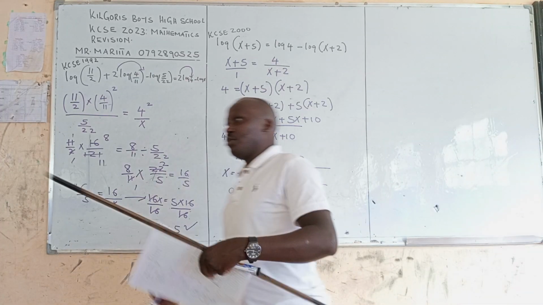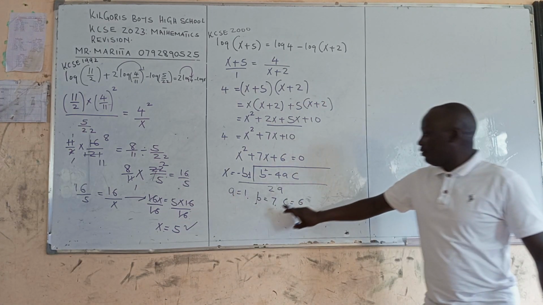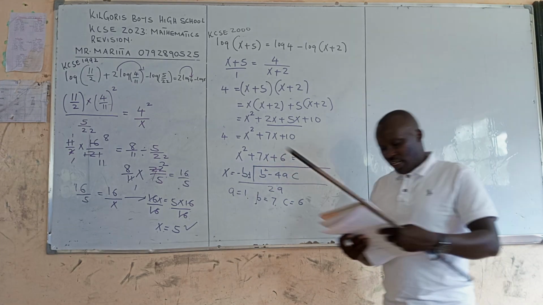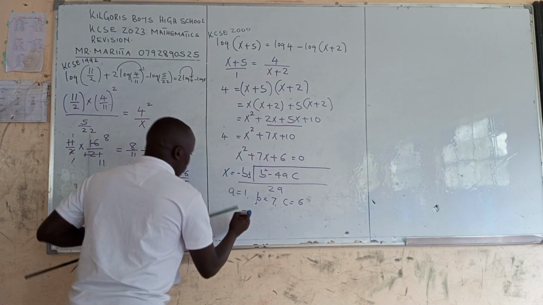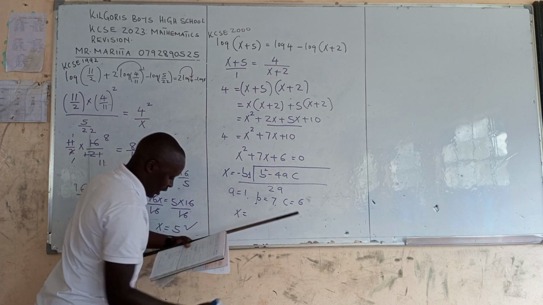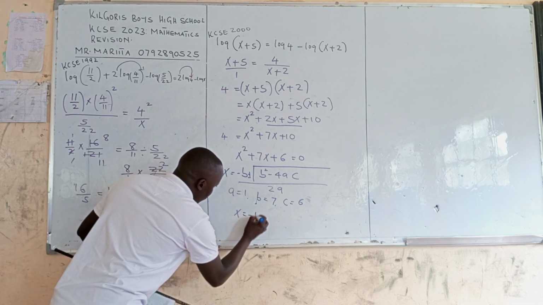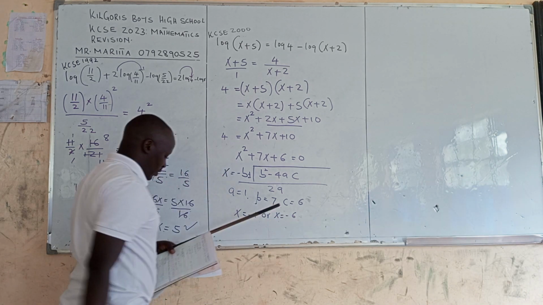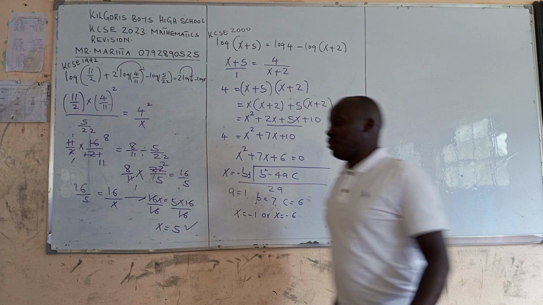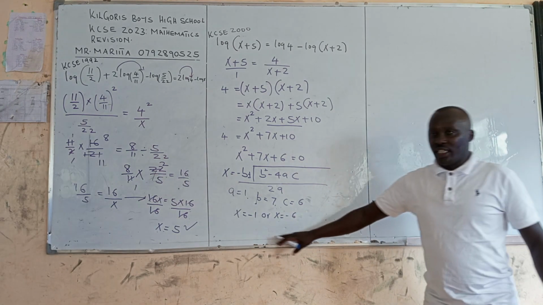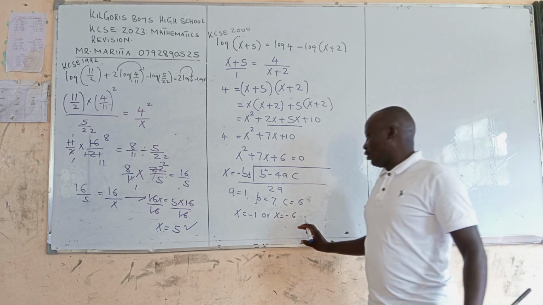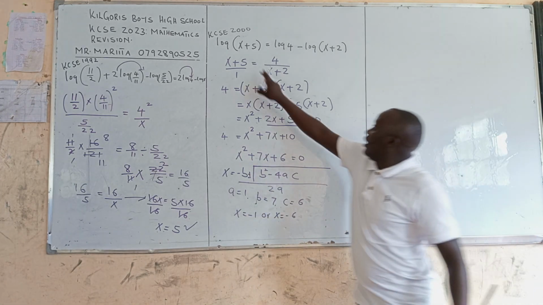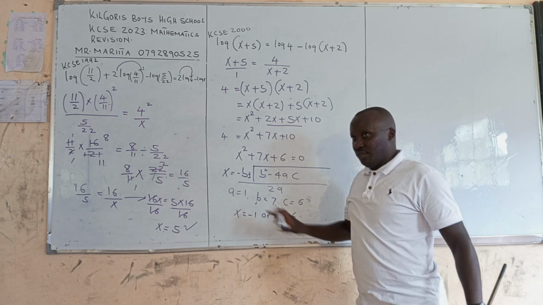If you substitute the values of a, p and c in this quadratic formula, you get that x is equivalent to negative 1, or x is equivalent to negative 6. So what do you normally do to check the value of x that satisfies the equation? You have to substitute. Where there is x in this equation, you put negative 1.